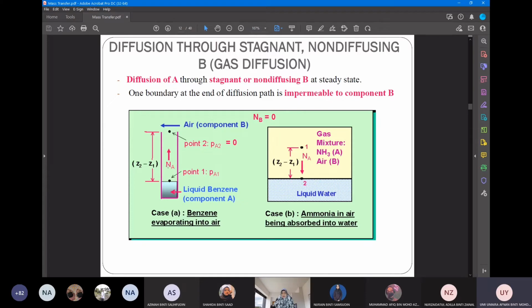Normally you can say this based on a small tube, a very small tube. We are not talking about a pipe, we are talking about a tube. You want A to diffuse, but you have to make sure that B does not diffuse.